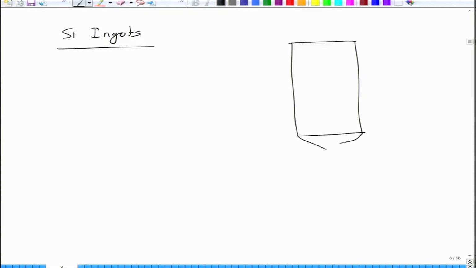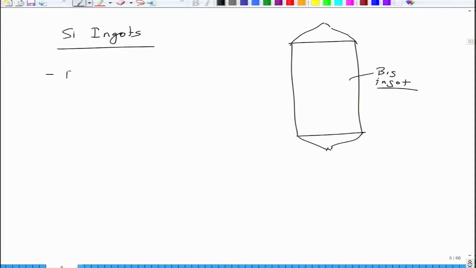And generally, it has a little nozzle shaped nose on the two sides. So this is a big ingot. And these ingots, if you want to make single crystal silicon, are recasted and resolidified.